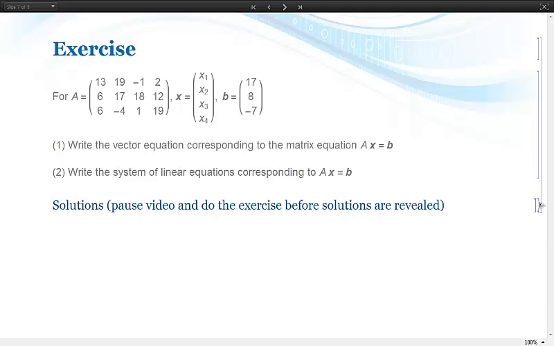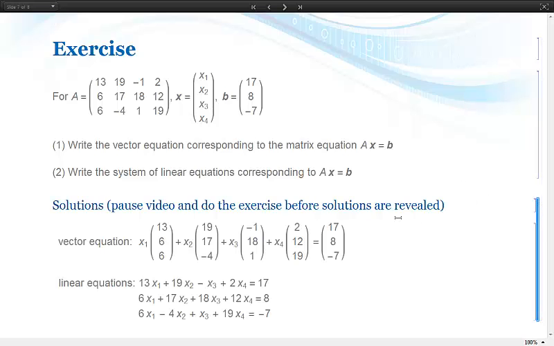Okay, hopefully you did that. Hopefully you didn't find those exercises too difficult. Let's compare answers. The vector equation is simply x1 times the first column plus x2 times the second column plus x3 times the third column plus x4 times the last column must be equal to the b vector.